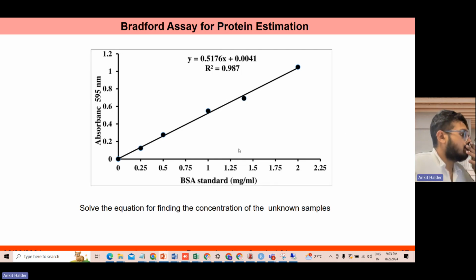So what I was saying is that if you have this unknown absorbance, for example at 0.65, then in this trend line you will just take the value, and wherever it touches, that will be the concentration for the unknown absorbance. And with the given equation, you can just write the value of y, put 0.7 if it is, solve the equation for x and get the value of the unknown concentration.